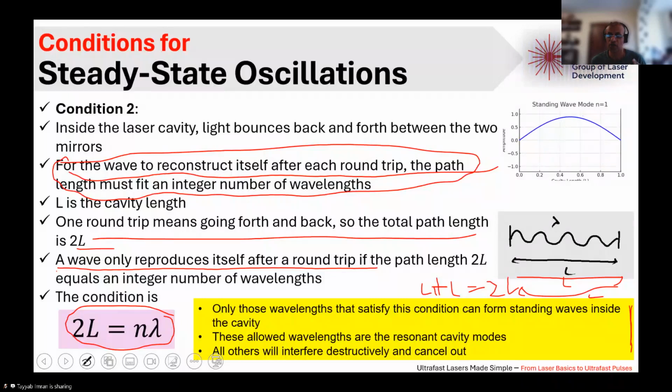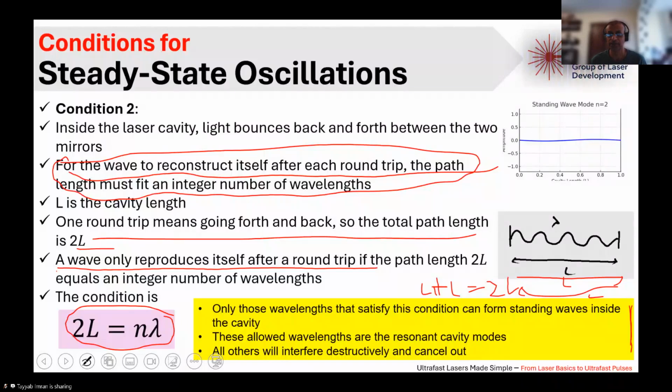So all the others will interfere destructively and cancel out. We don't see them. If the conditions are satisfied, 2 pi and 2L equal to N lambda, then you have constructive interference and you can have an output. Other waves which do not follow these conditions will be cancelling out.